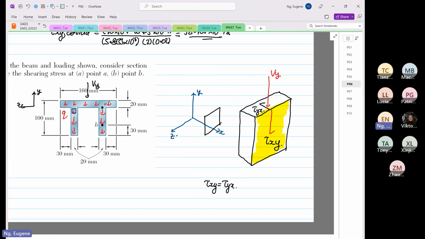Now we are going to determine the shear stress distribution equation.